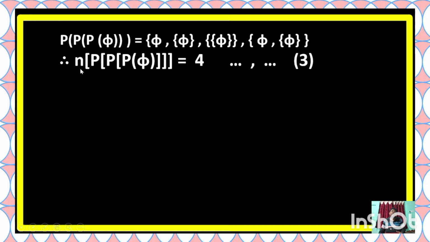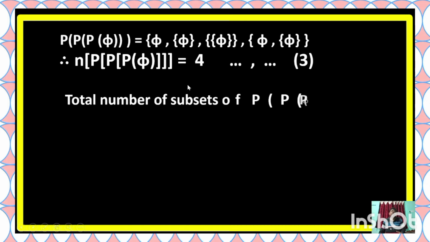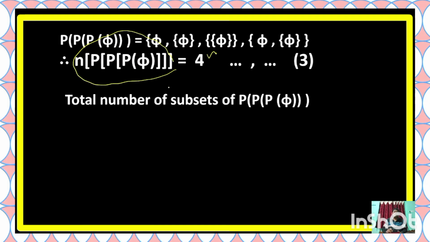Thus, it is clearly understood that the cardinality of this set is 4. Understood? Yes. Okay. Again, you will find out the power set of this set, because the cardinality of this set is 4, and again you can find what is the total number of subsets of this.